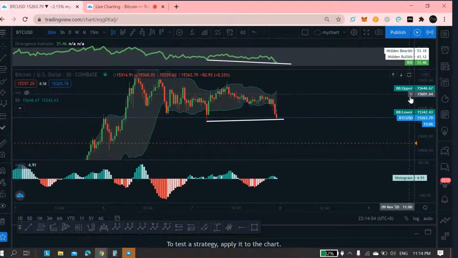It's changing around 15,343 area, and BTC is trading at 15,263 area. So I normally test buy at this area, and then if it goes lower, I will make another buy, and then I'll just wait for it. Of course, I will post a stop loss and of course my TP area.